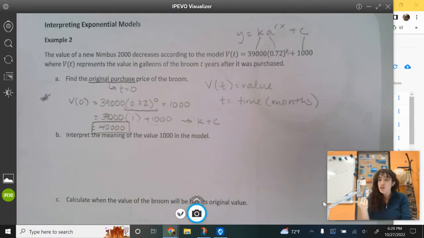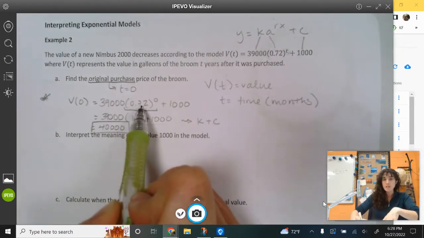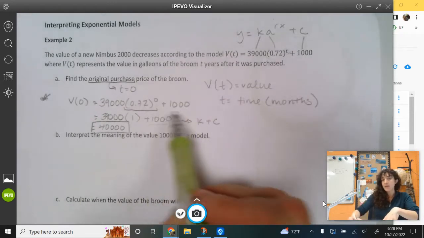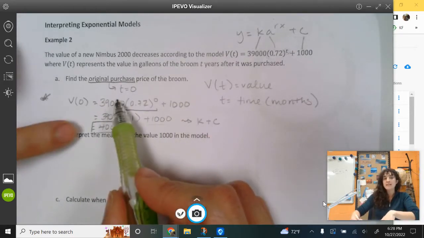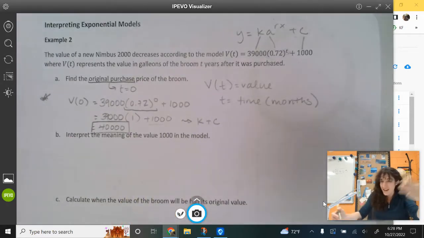Now, remember that the initial value is k plus c. That's a new thing that we're trying to build off of what we've done so far in this unit, where we've talked about the fact that u sub 1, that first term, the initial term, is the number in front of this changing piece. That's just not the case anymore if we have a plus or minus. The initial value is this piece right here plus this piece. Initial value, y-intercept.